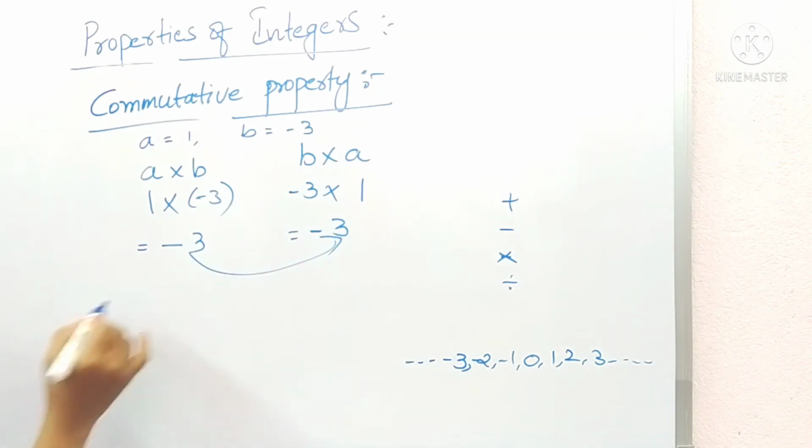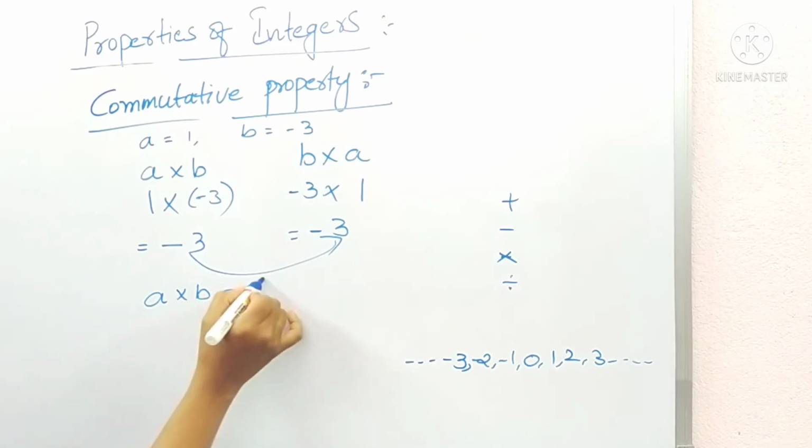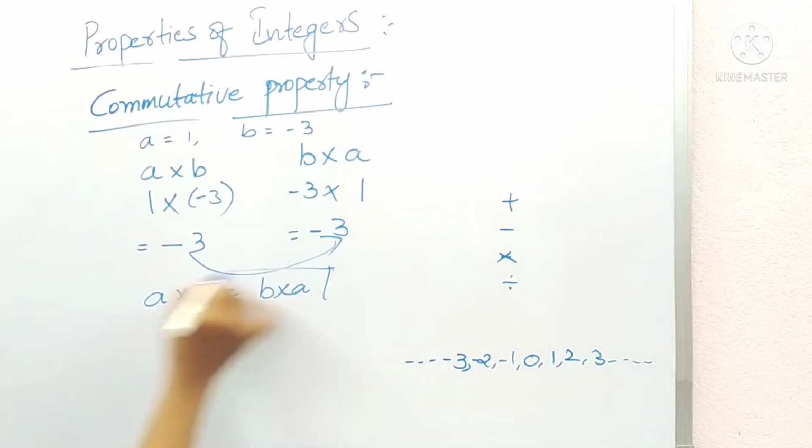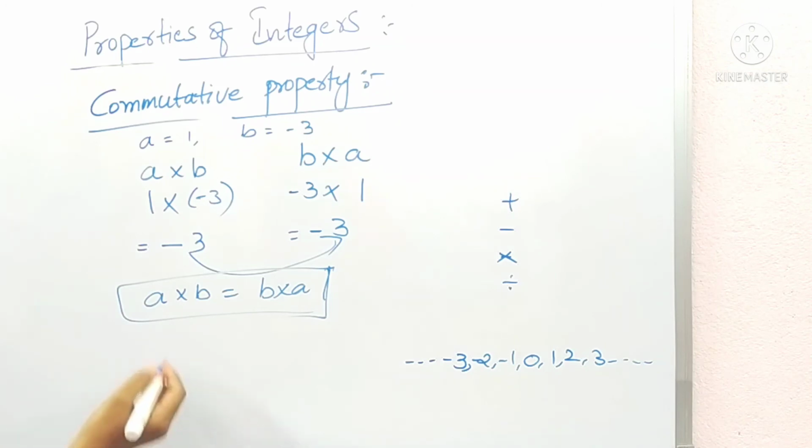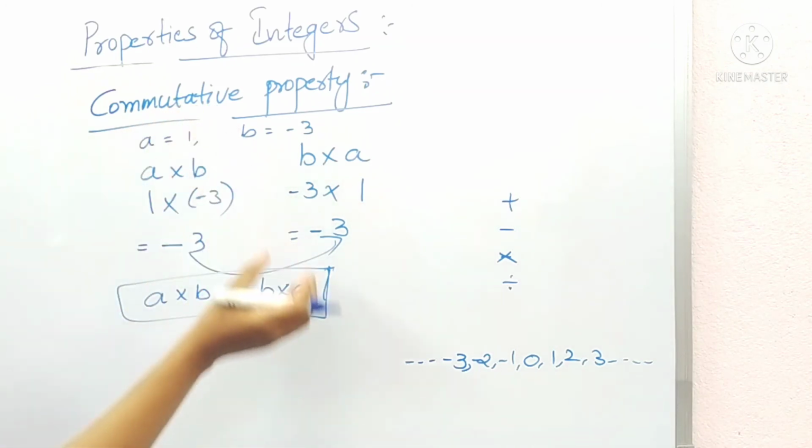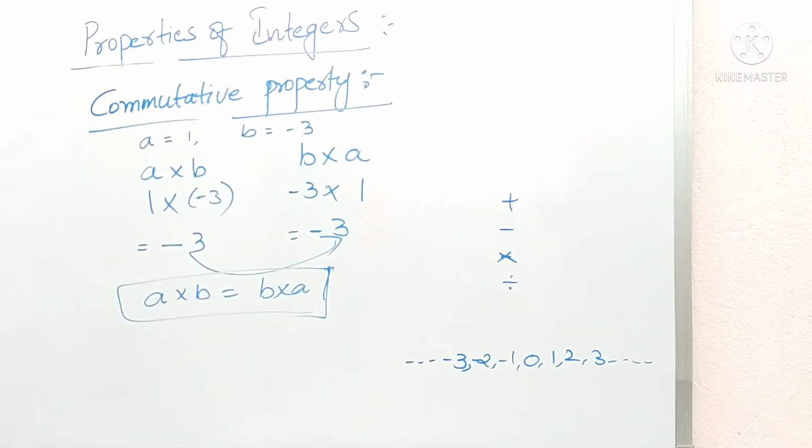So minus 3 equals minus 3, right? So a into b is equal to b into a. So I can say that integers are commutative under multiplication. Integers follow the commutative property in multiplication.